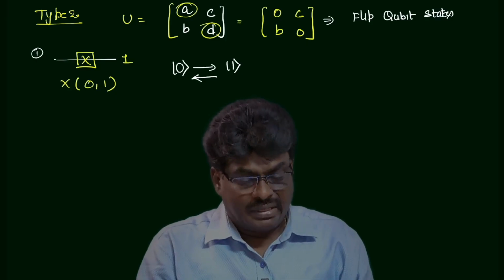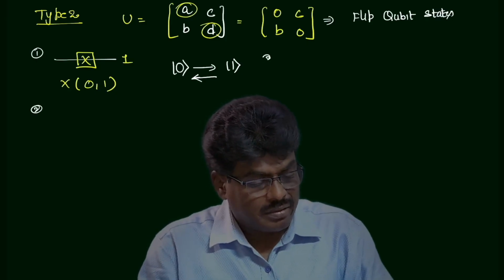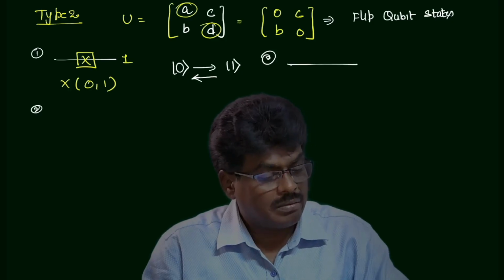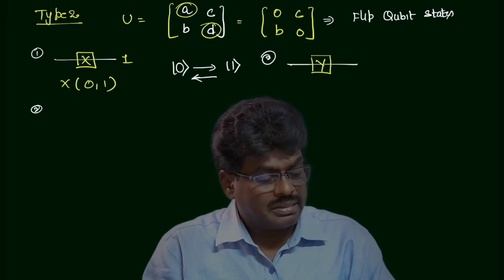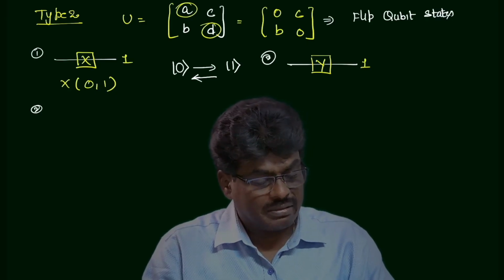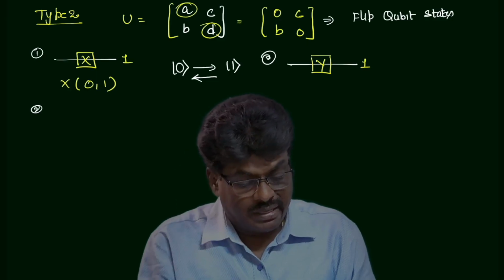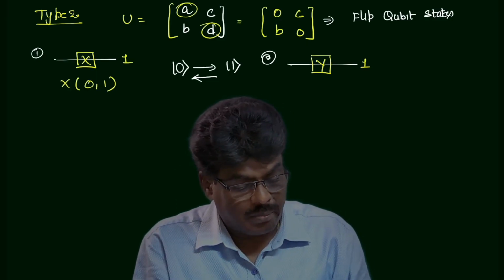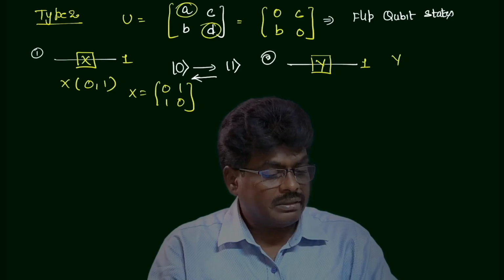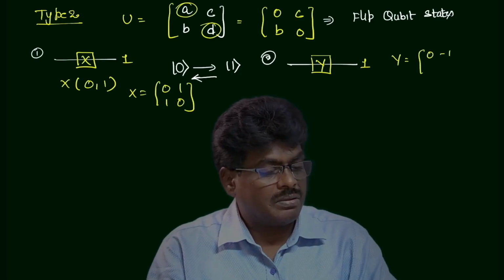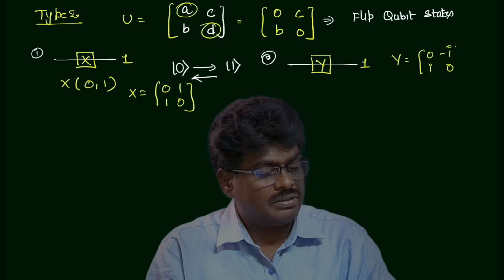And if I take a second one, let us take a Pauli Y gate, a single qubit gate, and since it is a single qubit, it is 1. Let me write this X matrix also, then you will understand. This is 0 1 1 0, and here this Y operator is 0 minus i, i 0.